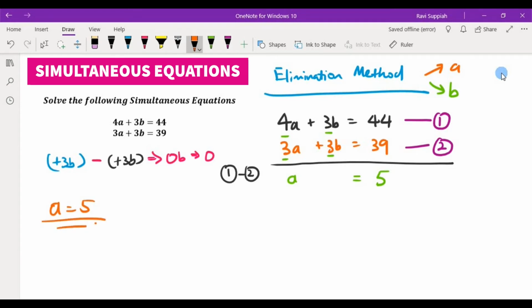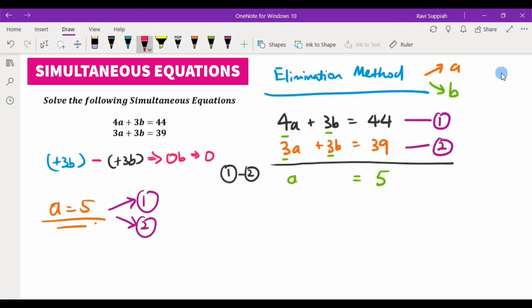Now we need to find the other unknown, which is b. To find b, I can take this a, which I've already solved, and put it into either equation 1 or equation 2. Either one is fine and I'll still get the same answer. So let's put it into equation 1.